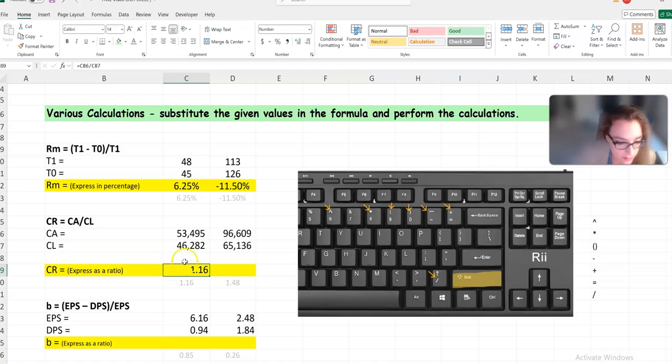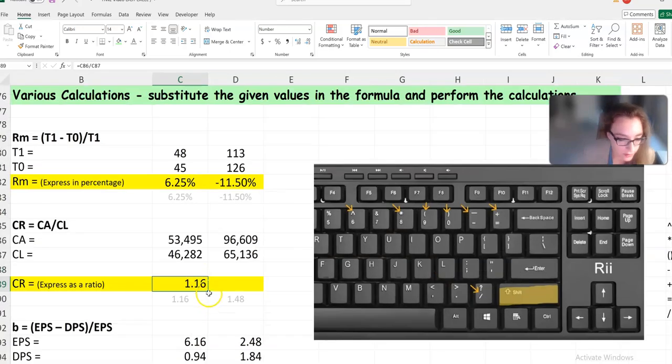Let us just grab the cell at the right down corner. There is a little dot. When we put the cursor on it, it becomes a cross. Then we left mouse click and hold and drag it to the adjacent cell. You see, the formula is copied.